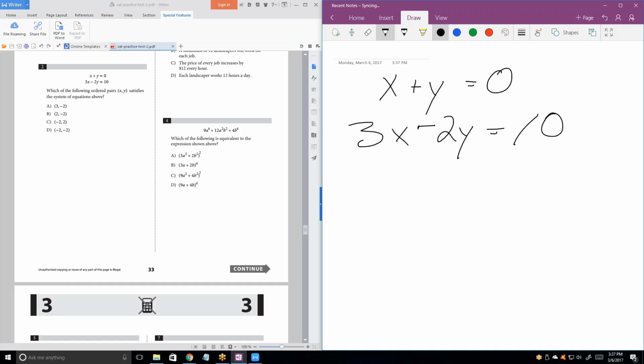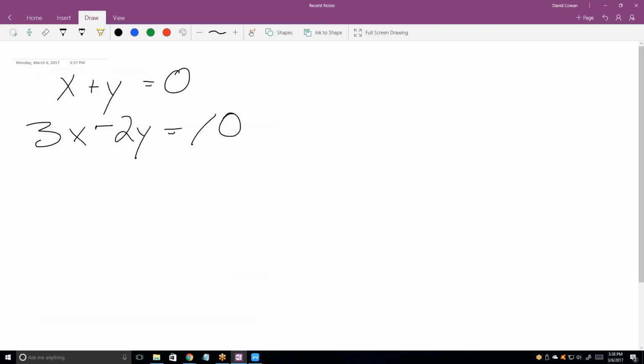So they're basically saying solve this system of equations. Well, how would you solve it? We can look at the answers, but in this case, the multiple choice is not really going to help us much. We need to be able to solve this system of equations.